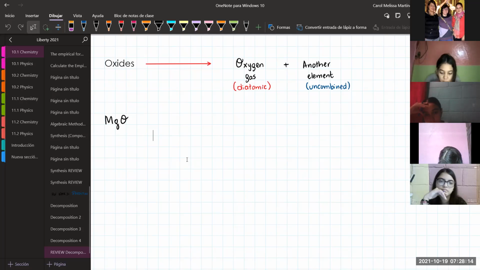Okay? This one is pretty simple. The only reason that I know that it is an oxide is because it has oxygen. And because if you name it, it's going to be magnesium oxide.